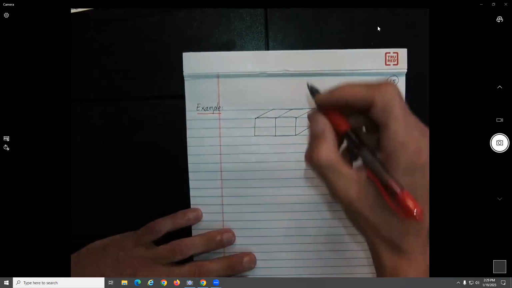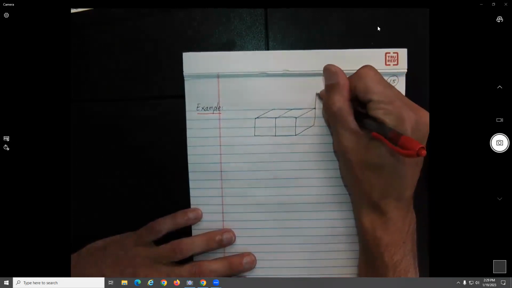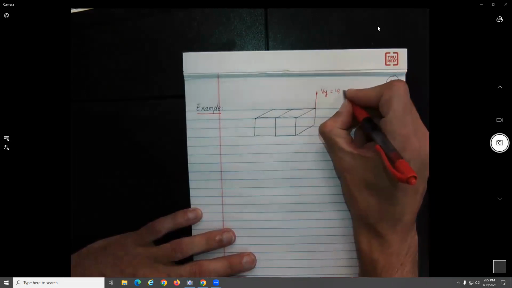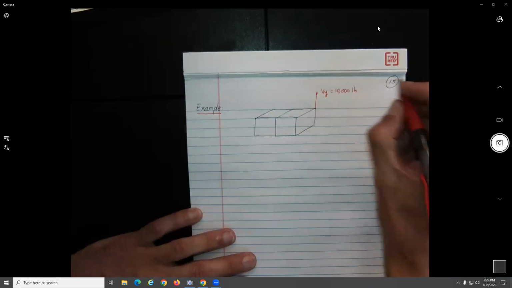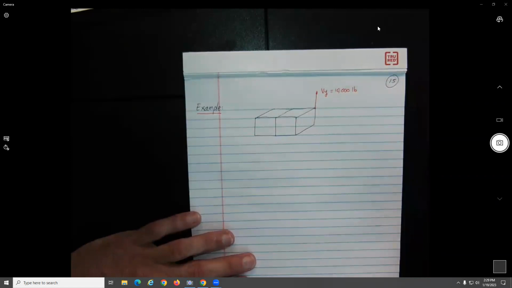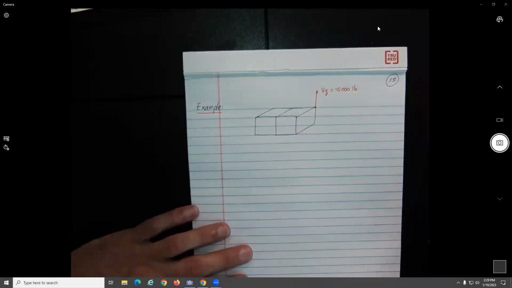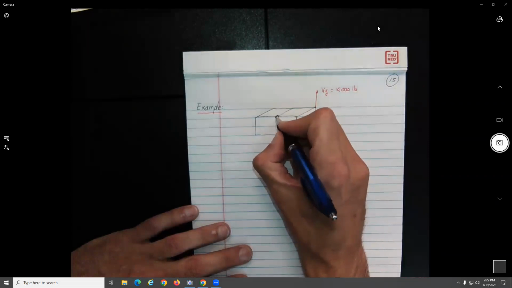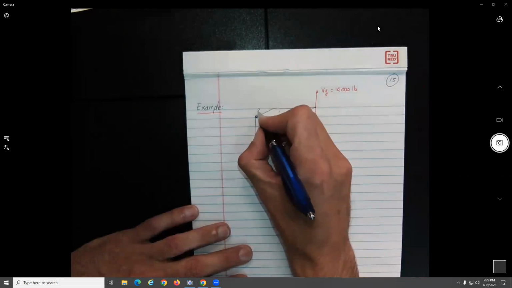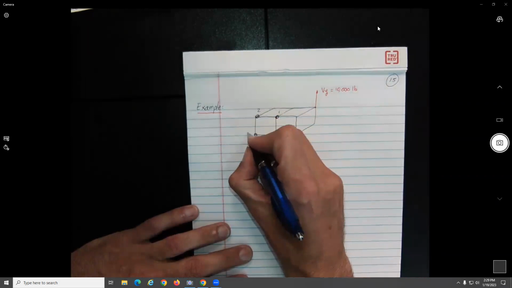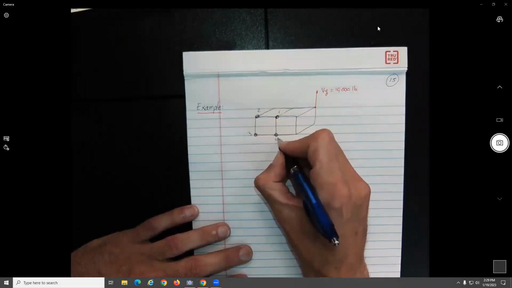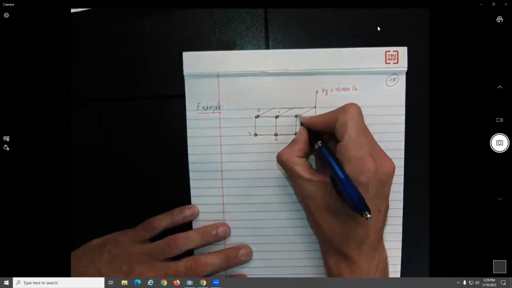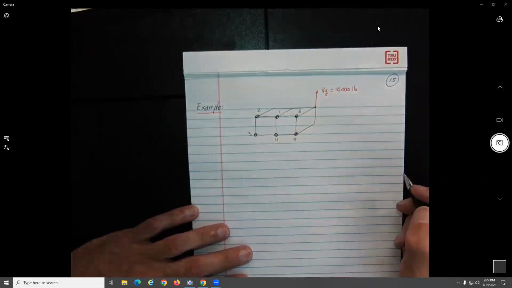All right, so the force being applied is a shear force, Vy, equal to 10,000 pounds. We have booms over here, numbered 1, 2, 3, 4, 5, and 6.